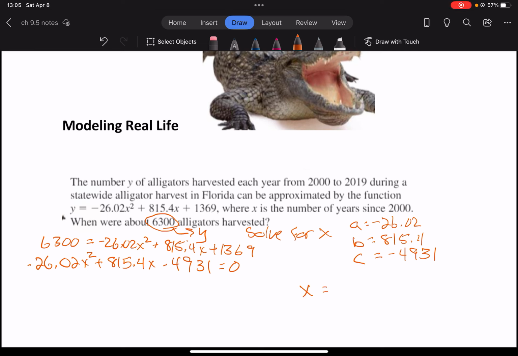Minus b is minus 815.4, plus or minus the square root of 815.4 squared minus 4 times a, which is negative 26.02, times c, which is negative 4,931, all over 2 times negative 26.02.